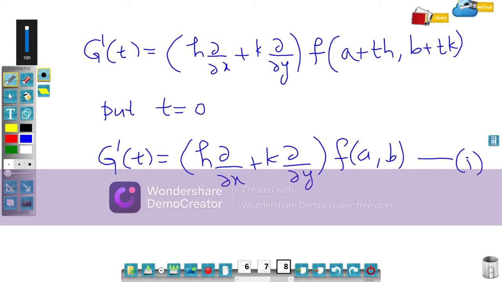Similarly, now again we will differentiate this with respect to t. So if I take the double derivative, then it will be g double dash at t. How are we going to differentiate this? For the double derivative, we have to again apply the chain rule over here.